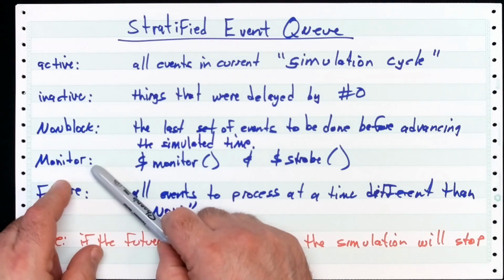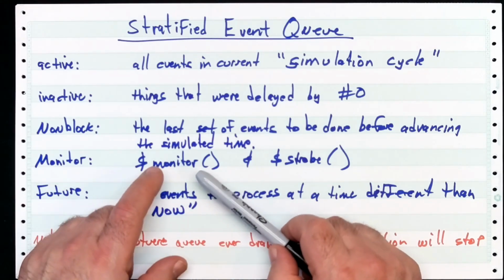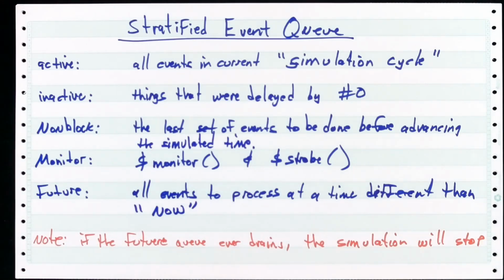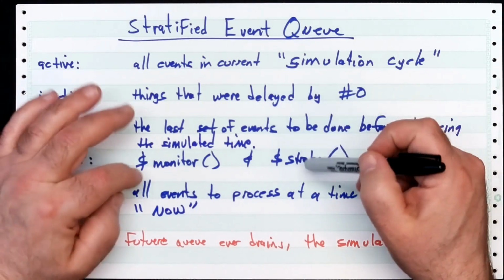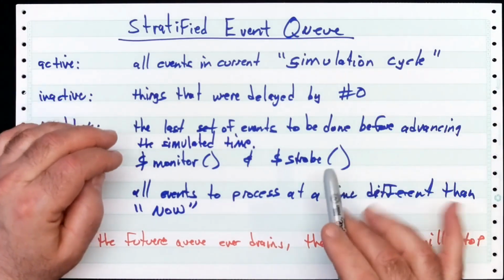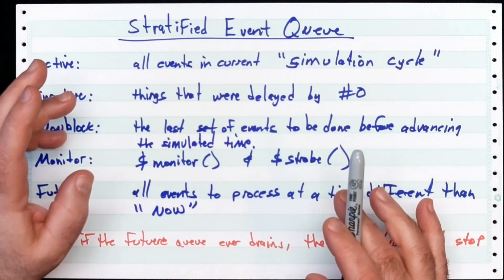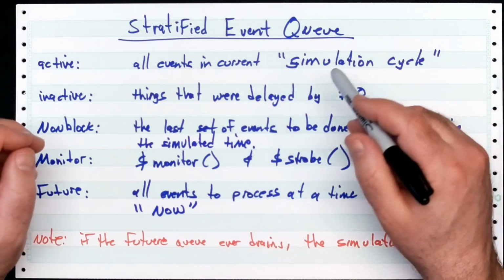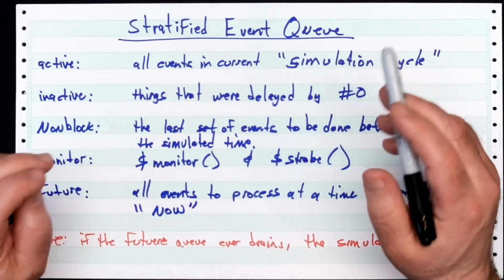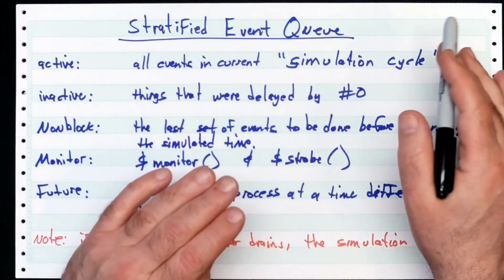The monitor list is where the monitor and strobe commands go. So if I say I want to monitor something, or we talked about this before, the monitor and strobe, those represent a time in the simulation after which all the variables will have been updated and assigned values before the clock ticks into the future.